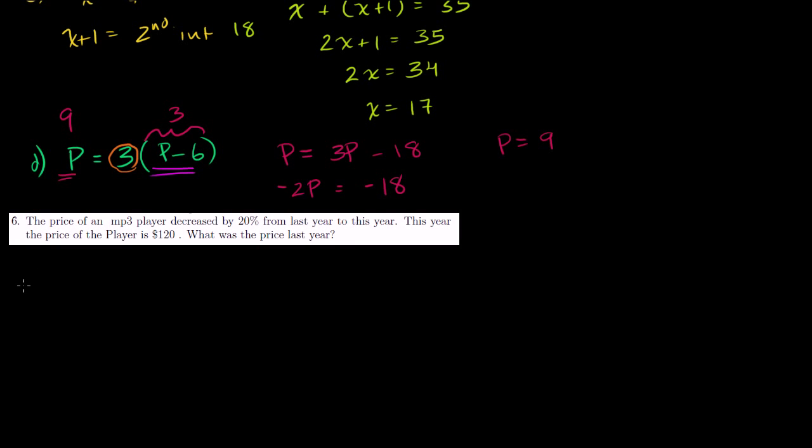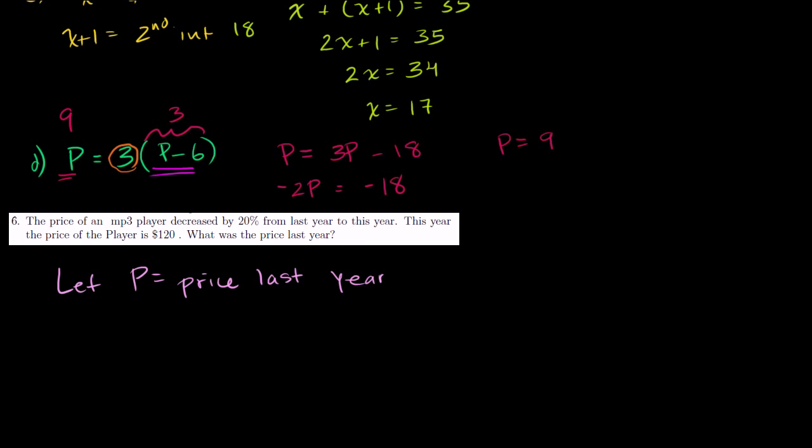Problem 6. The price of an MP3 player decreased by 20% from last year to this year. This year, the price of the player is $120. What is the price last year? So let me say let P is equal to the price last year.